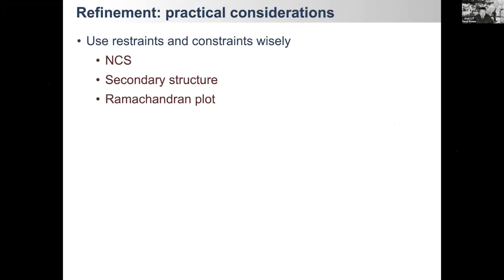So at that resolution, you may want to use constraints instead of restraints. That's the kind of thing you need to think about when you decide about using NCS. Software is not going to do it for you.